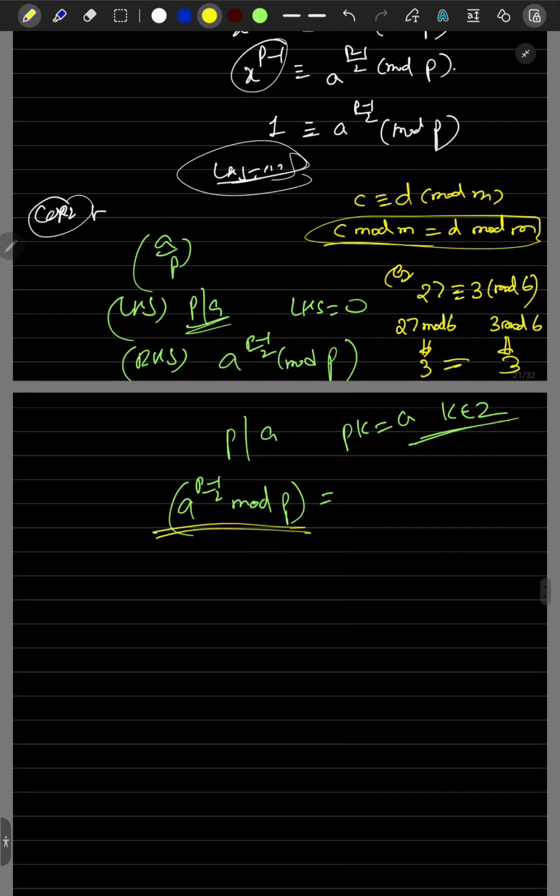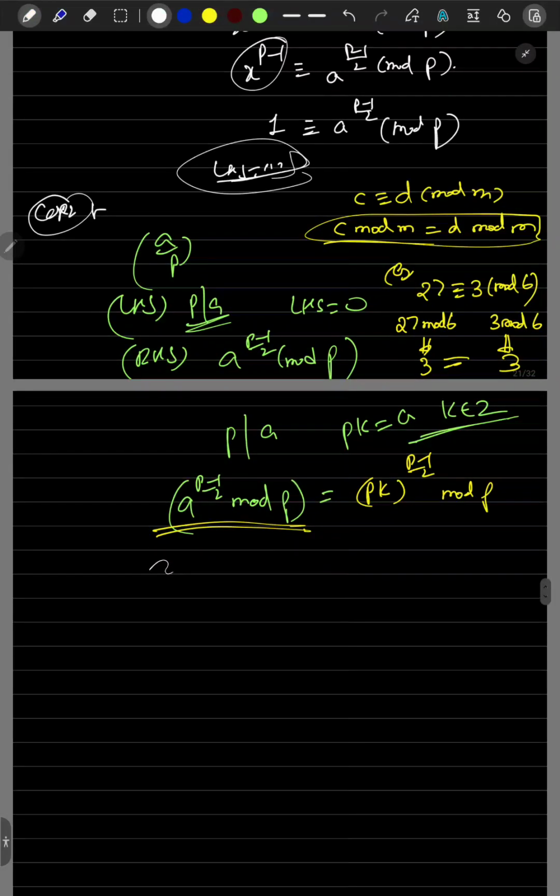So I am writing like this. Since A = Pk, I can write (Pk)^((P-1)/2) mod P. You may remember the simple rule from yesterday: AB mod k equals (A mod k)(B mod k), applying mod individually to each one.